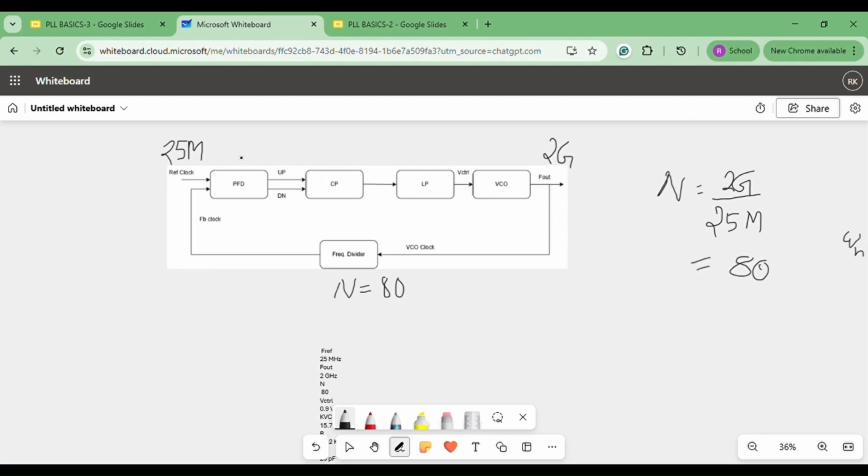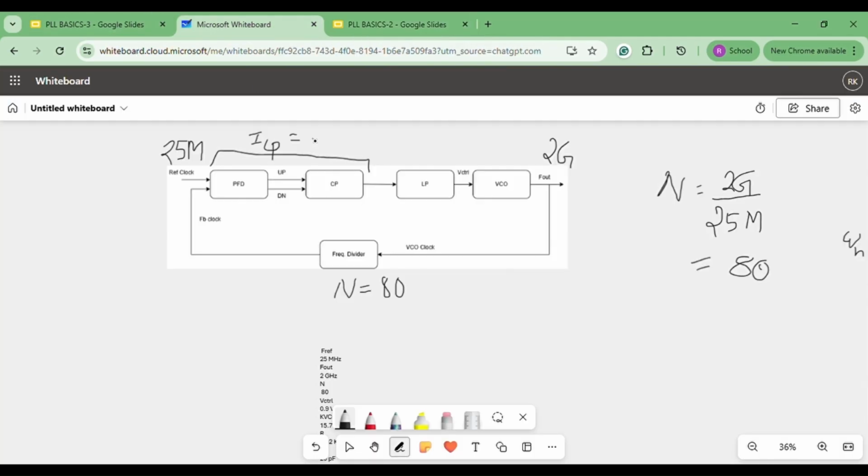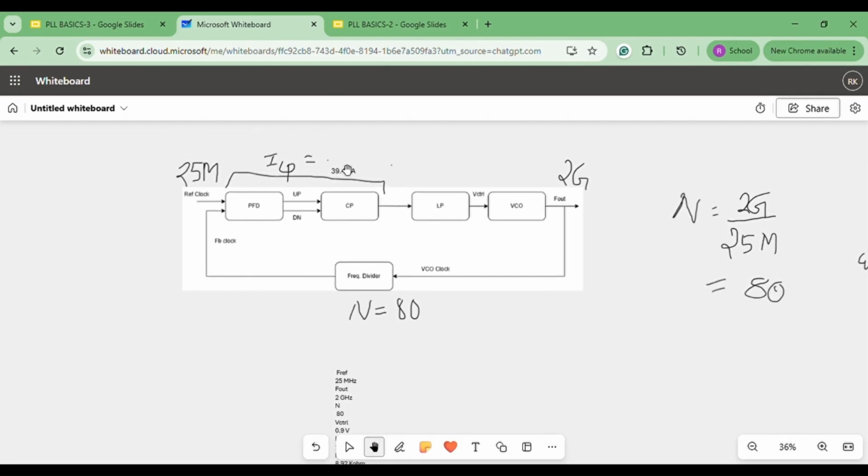Again, we have modeled the TFD and charge pump together, and we came to an ICP as per our last discussion. We have calculated ICP based on the equations to be somewhere around 39 point... I'm just summarizing all the parameters which we will use in this series for modeling our PLL.